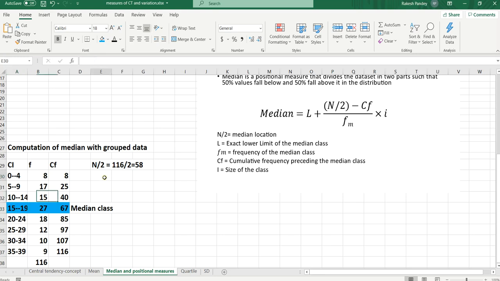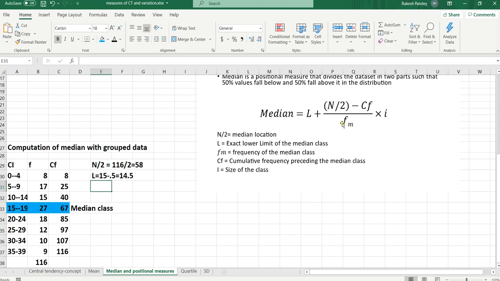So let us write all the values required in this formula. In this formula, L is equal to 15 minus 0.5, which is equal to 14.5. So the exact lower limit is 14.5. Now n by 2 we have already calculated, it is 58.